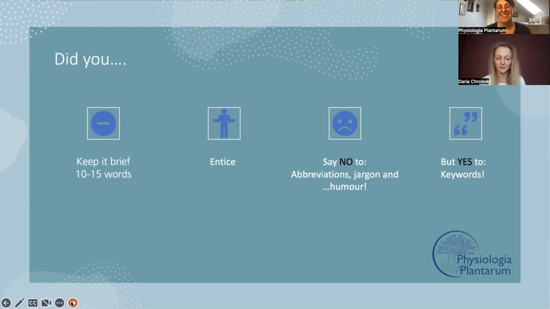The whole flow of how you're publishing your paper will go easier. It's always faster if people have complied with the guidelines. So the next thing to ask yourself is, did you entice? And this could be, for me at least, the difficult part, because how do you do this?